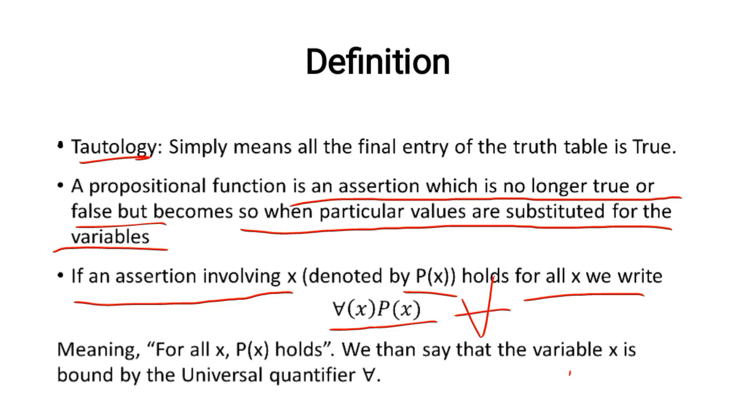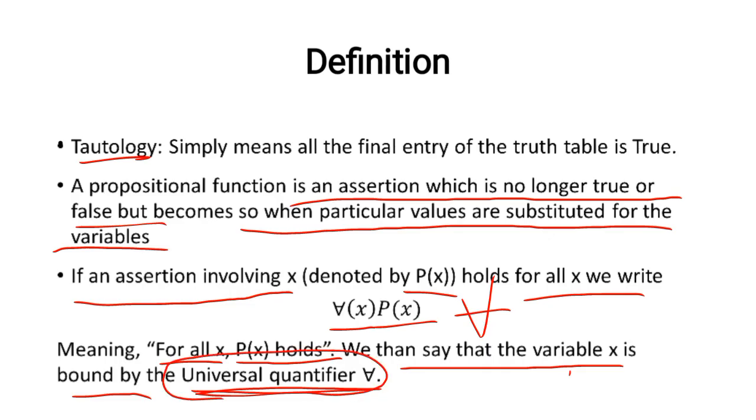We then say the variable x is bounded by the universal quantifier. So if I ask when a variable x is said to be bounded by a universal quantifier, you just simply state this: for all x, P(x) holds.